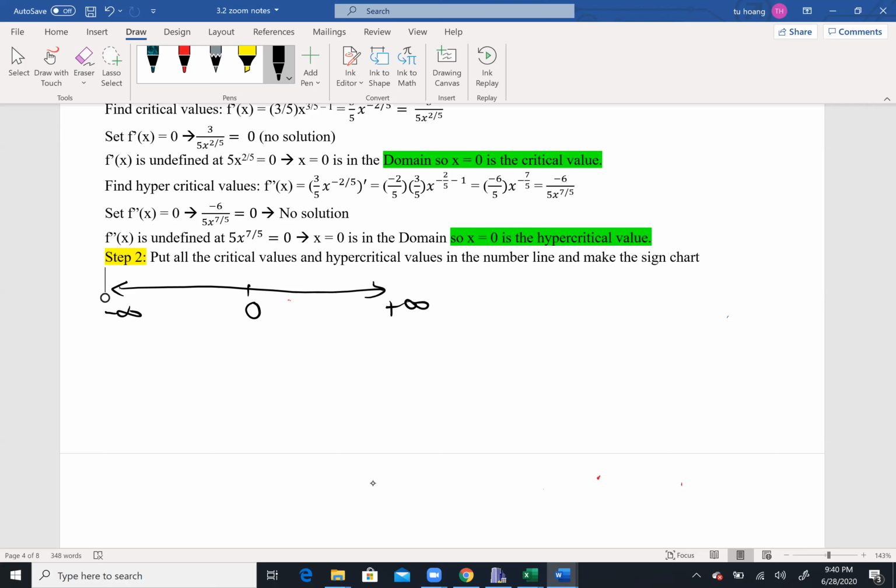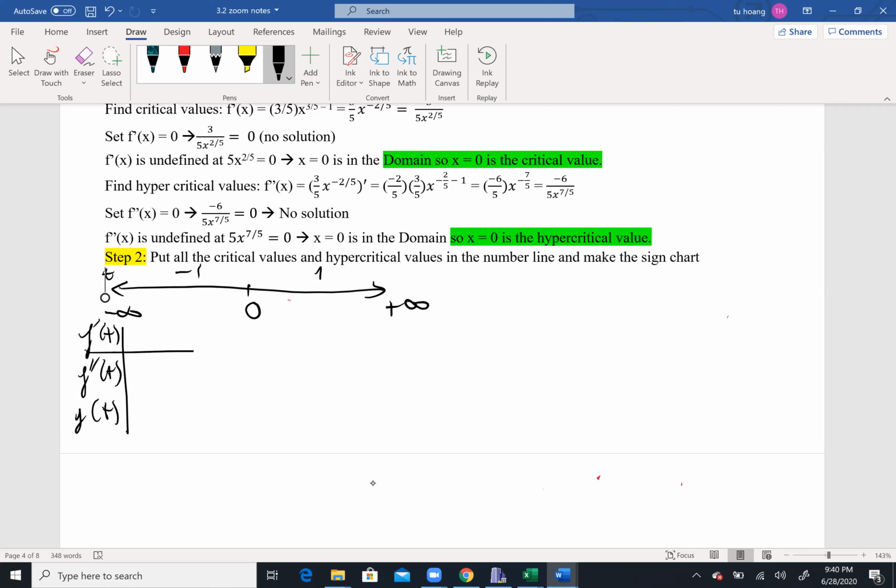So now I'm going to test for t equal to, say, -1 and 1 here. F first derivative of t, f second derivative of t, and f of t.